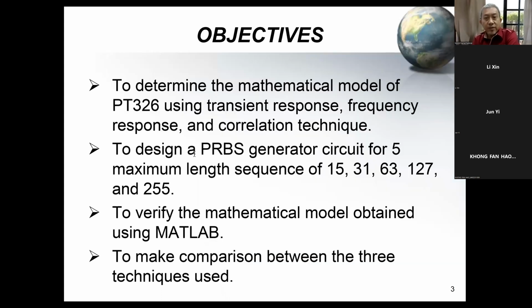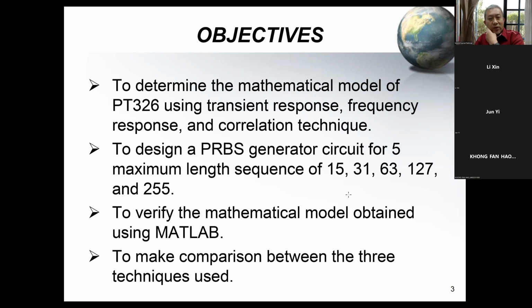The objective is to determine the mathematical model of the PT326 hot air blower system, applying transient response, frequency response, and correlation technique. Then we apply the PRBS generator circuit for 5 maximum length sequences: 15, 31, 63, 127, and 255.